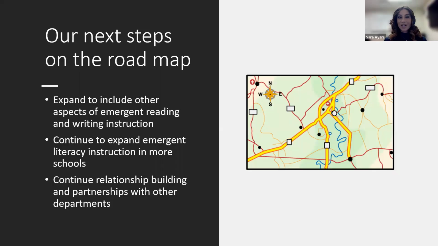So what's next for us? We hope to continue to expand to include teaching and then again, showcasing all the other aspects of emergent reading and writing instruction. We want to expand to more schools, especially as our district grows in its understanding and acceptance of inclusion. We're going to capitalize on that.